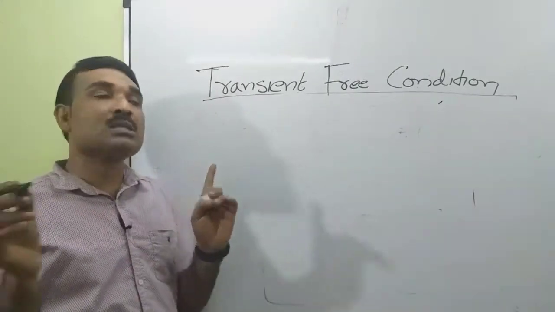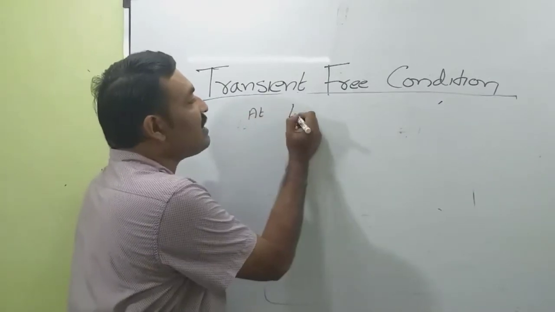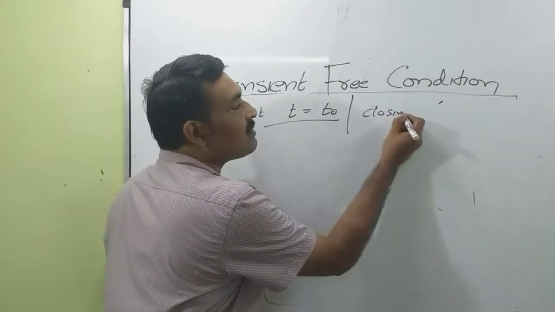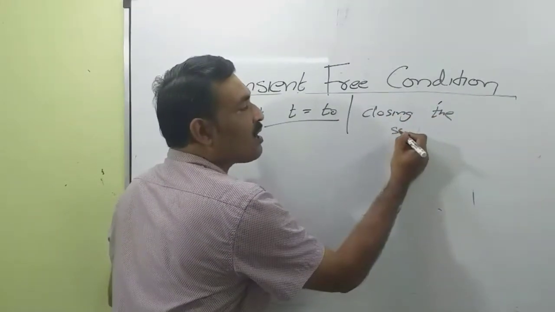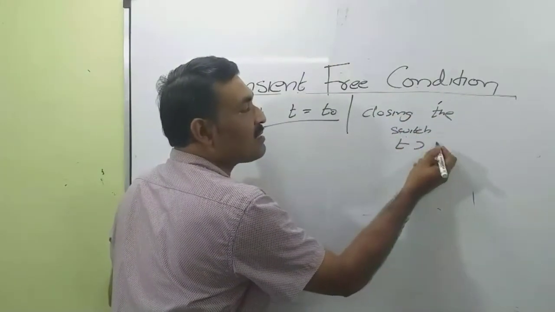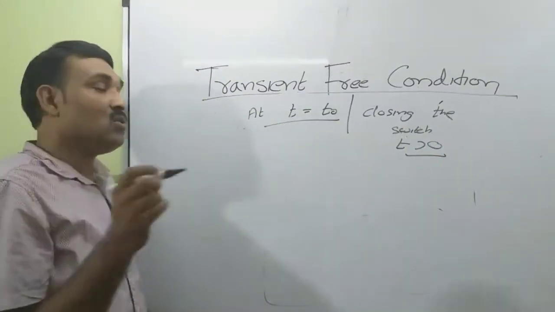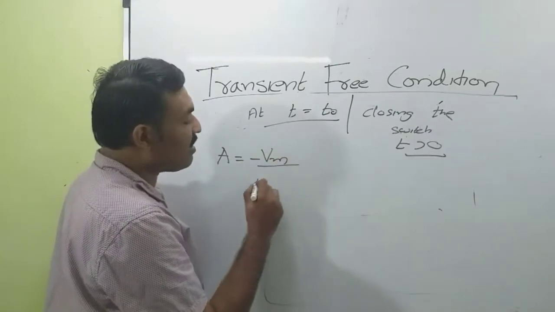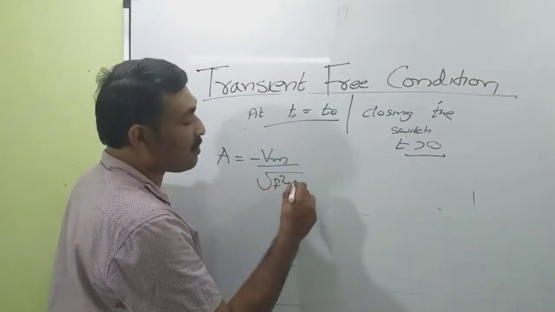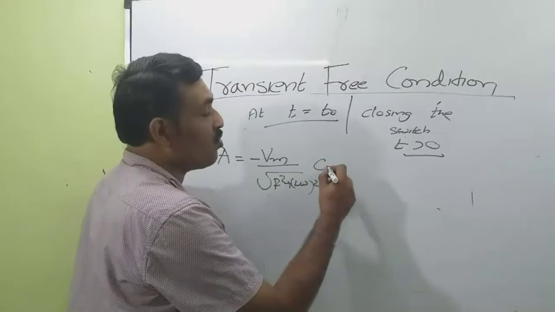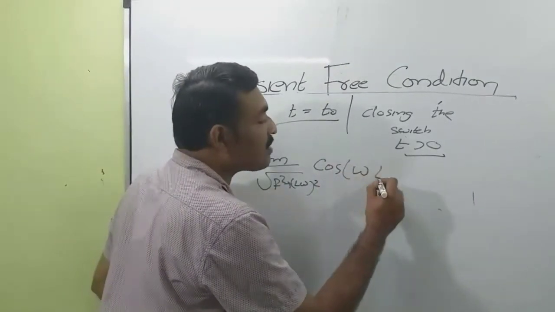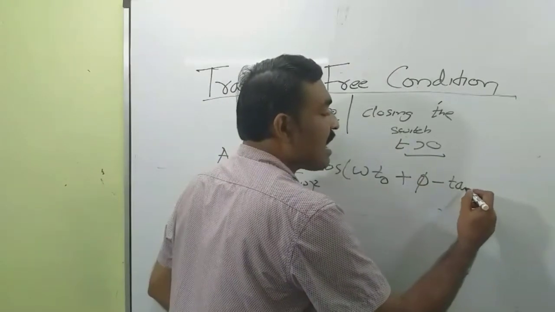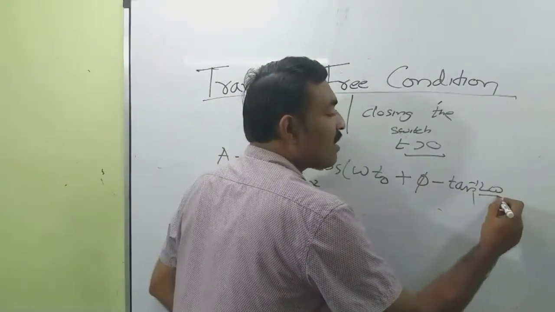Suppose the switch is closing at t equal to t0, that is, we are closing the switch at a time t greater than 0. So we can write A is equal to minus Vm divided by root of R square plus (L omega) whole square into cos(omega t0 plus phi minus tan inverse L omega by R).